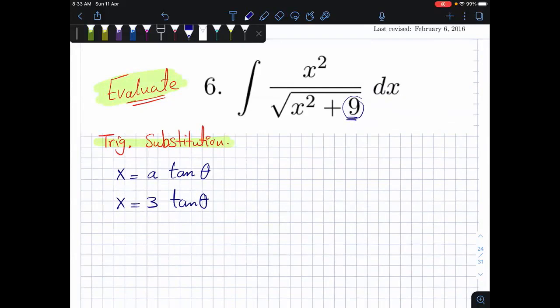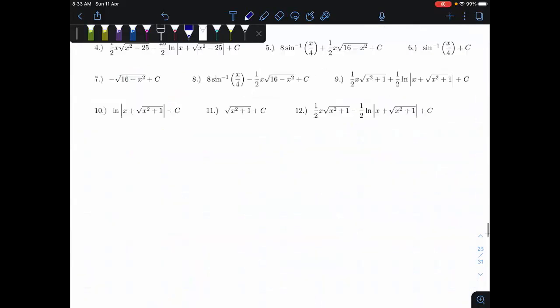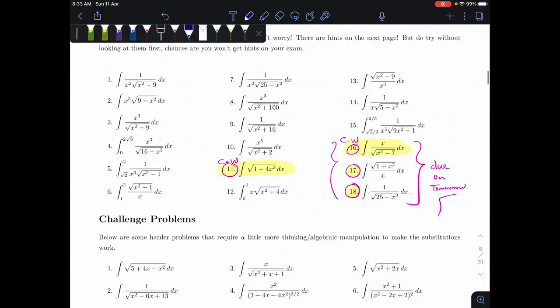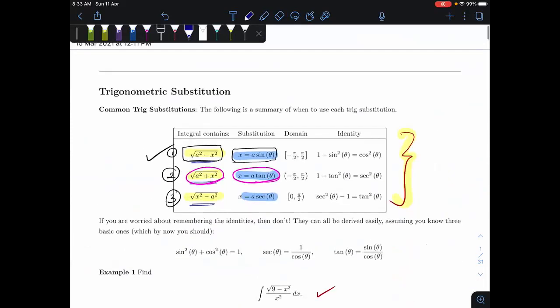Because when we have this form, x squared or anything over root x squared plus 9, we have to use a tan. And you can see here, guys, from this table, the first page, a squared plus x squared, use a tan theta.